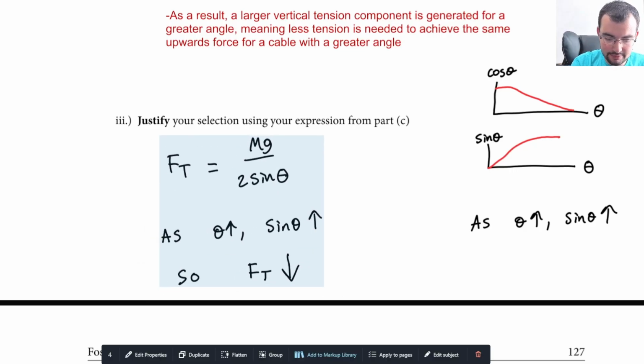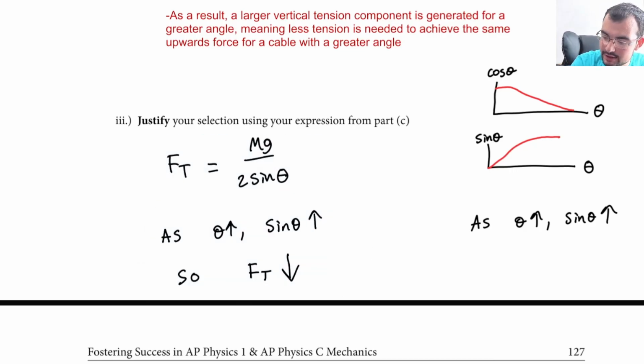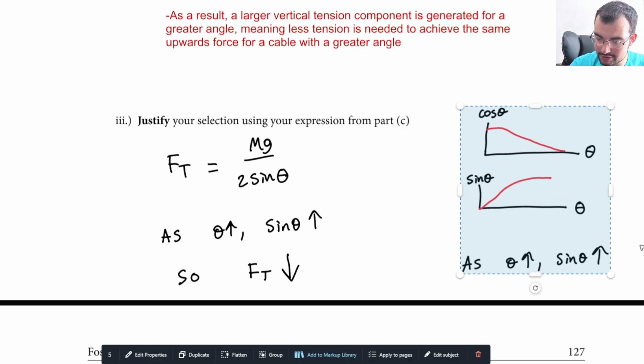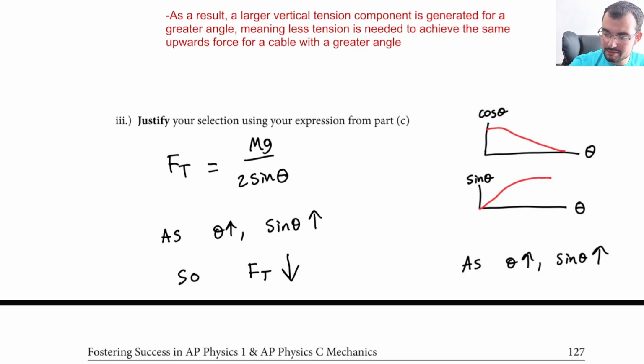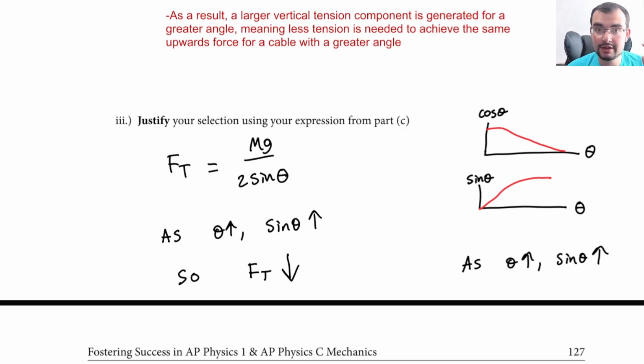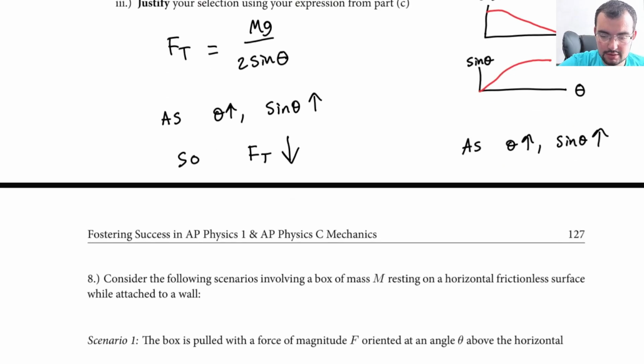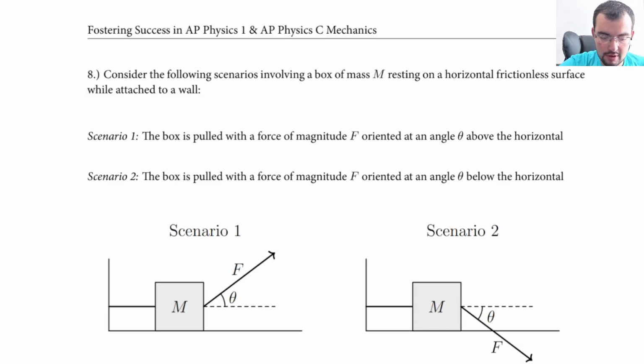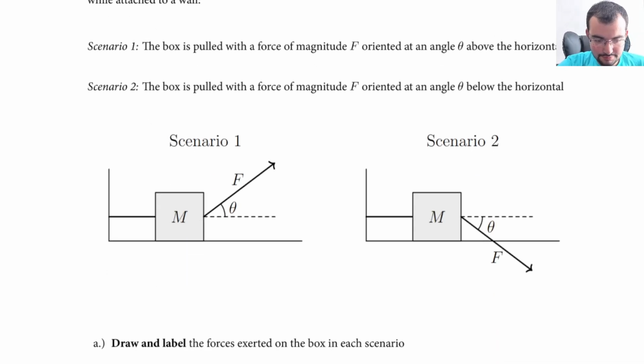That's just the basics of functional dependence, right? If you're in the denominator and you go up, the whole quantity goes down. So these are things to commit to memory: sine theta goes up with angle, cosine theta goes down with angle in the normal 0 to 90 range. Kind of tricky.